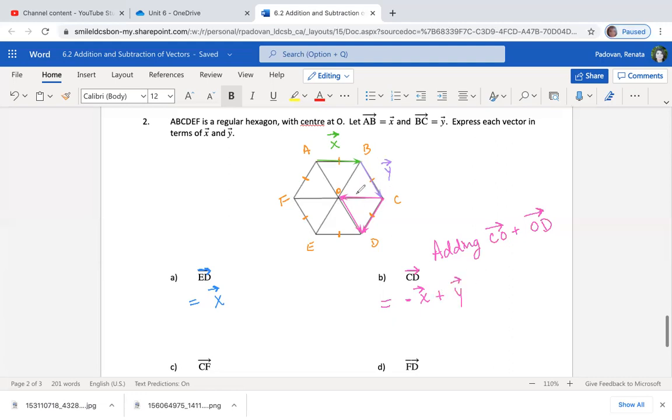If I have the opposite of vector X going in the opposite direction, but the length is the same, and I'm adding it to vector Y, when you add 2 things, you get the resultant. You're going to get vector C to D. So that does make sense.